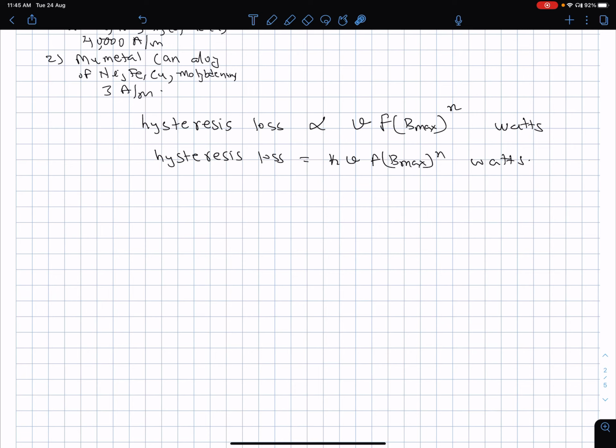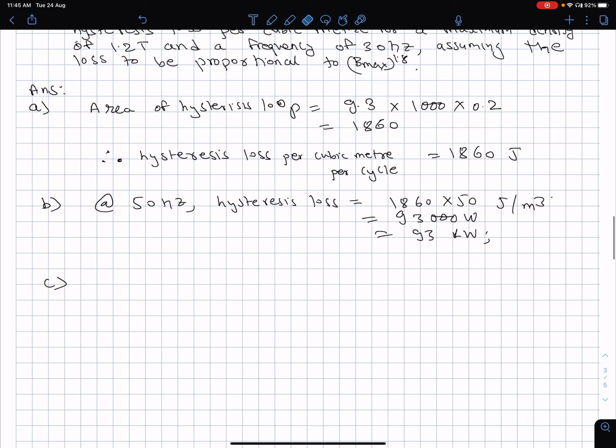So first, because we are given the hysteresis loss per cycle per cubic meter, and n is given to be 1.8, and Bmax is given to be 1.5, and this number is given to be 1860 joules, first of all we can calculate K. So this H loss, I'll write it in short form, is K V f Bmax to the power n.